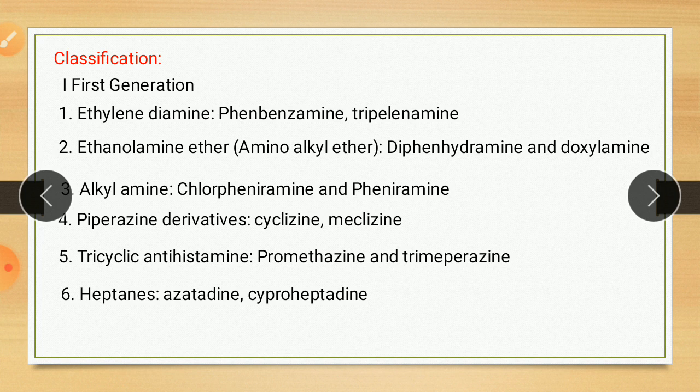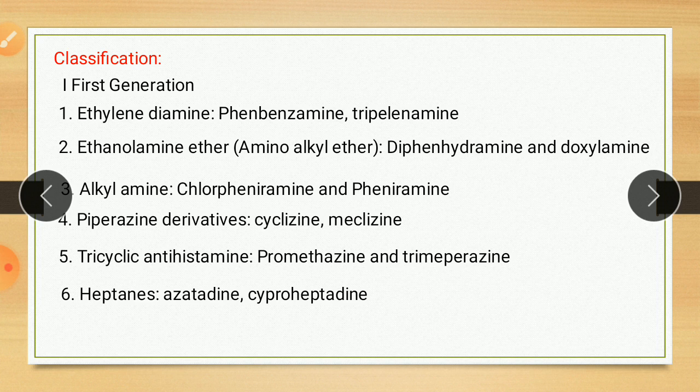So in general terms, antihistamine means which blocks both H1 and H2, but mainly the H1 receptor is blocked by this antihistamine drug.